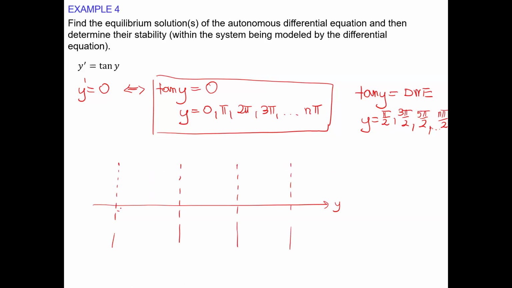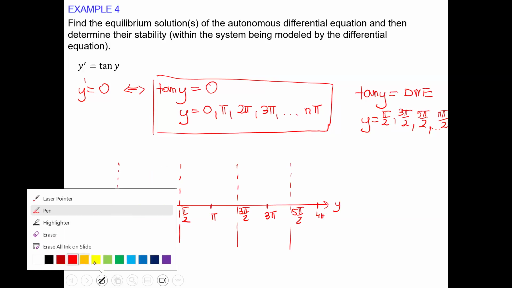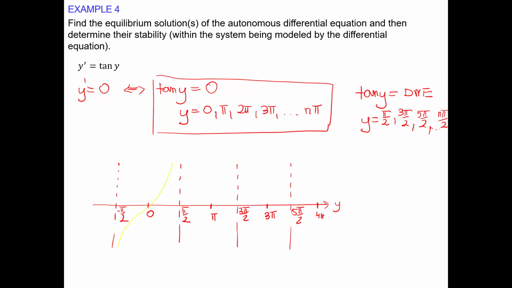That means the asymptotes are at negative pi over 2, pi over 2, 3 pi over 2, and so on. And that's 0, that's pi, that's 3 pi, and so on. And tangent looks like this, right? That's the tangent. That's how we will know the sign.